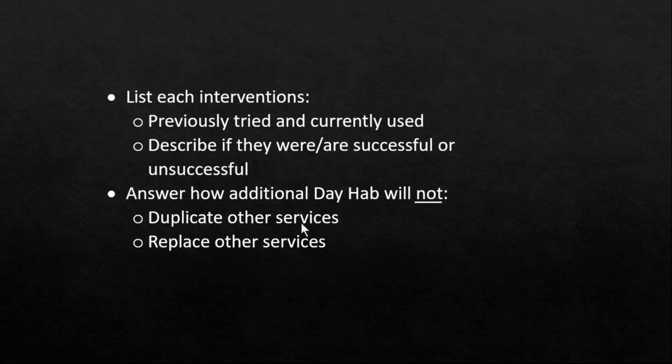Objectives are the shorter steps that a person takes to get to the goal. So they're going to work their objectives with the support of interventions. So the plan needs to talk about interventions, those that are previously tried and those that are currently in use.